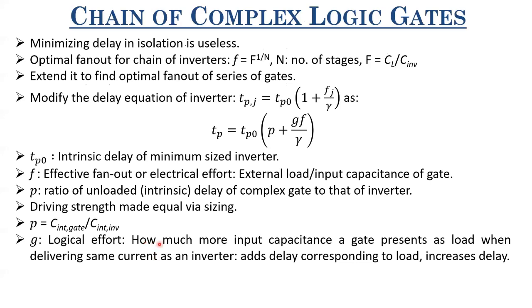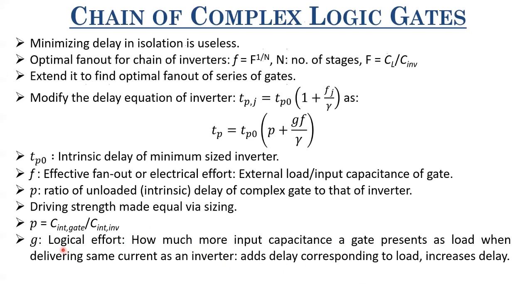And why is it important? Because when this complex gate is added as a load to some other gate, it will add to the delay, right? The gate capacitances will have to be charged, and they will contribute to the load capacitance of the previous stage. So this logical effort also adds delay when used as a load, and hence it increases the delay. That is why it is very important.